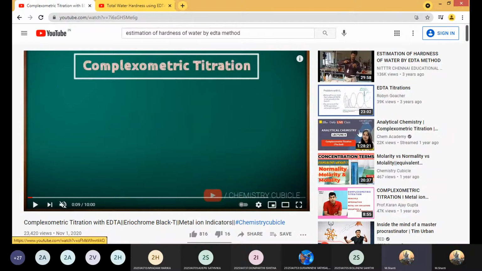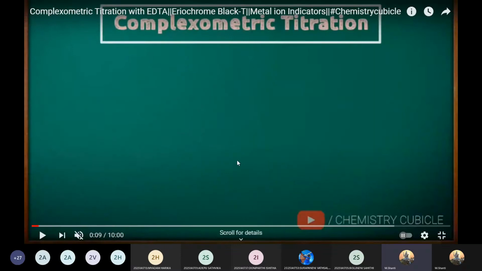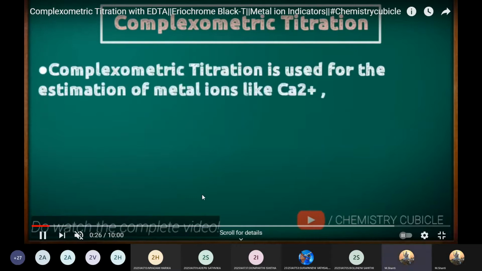So here you can see they are explaining what exactly complexometric titration is.